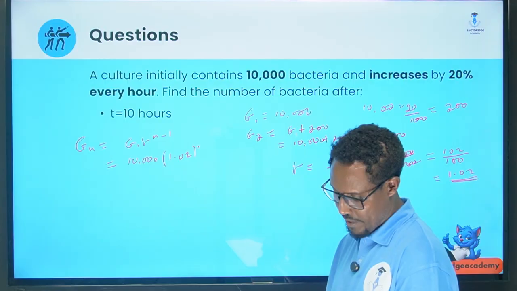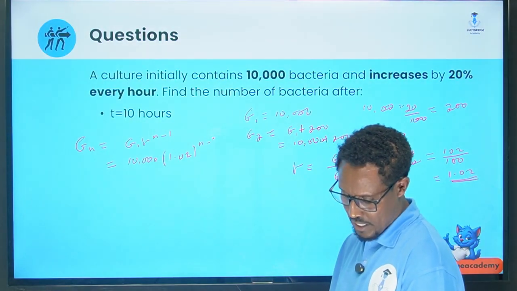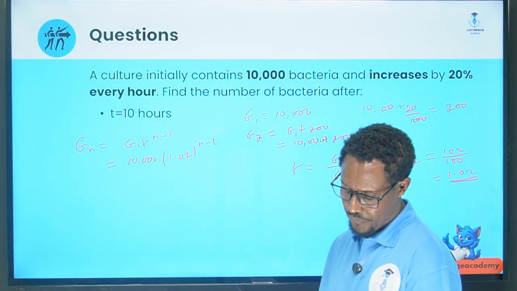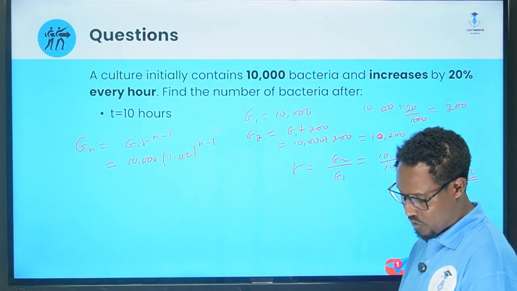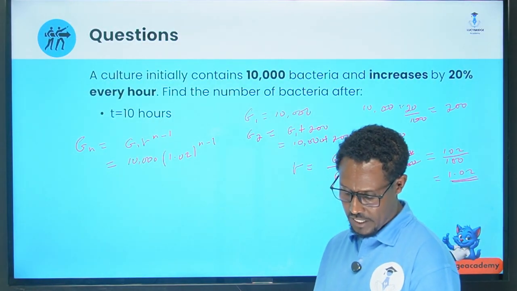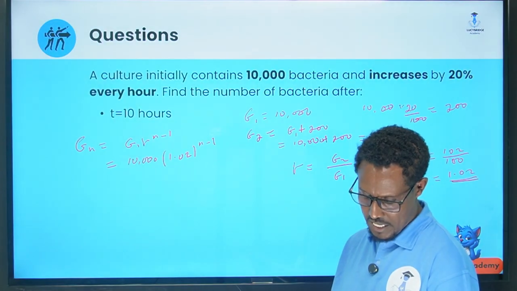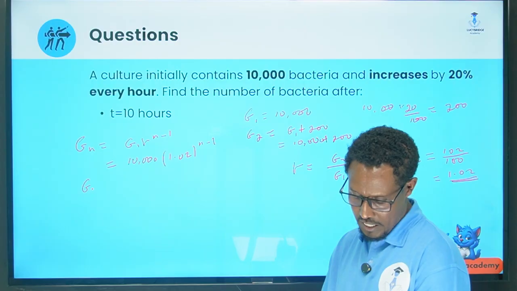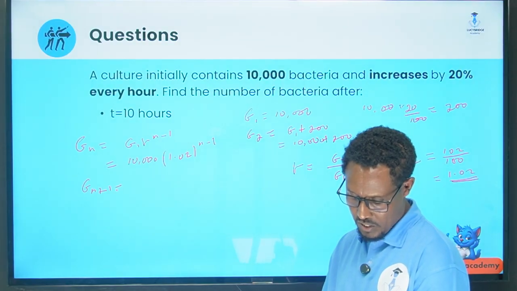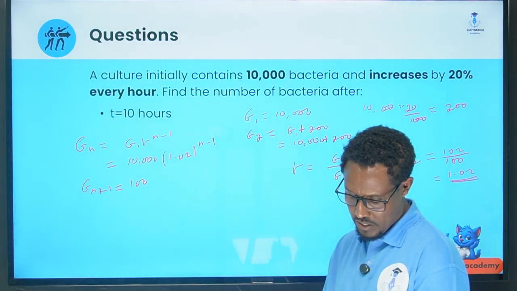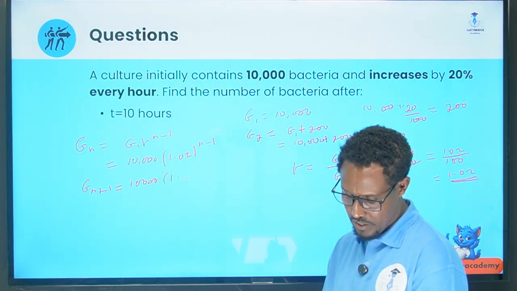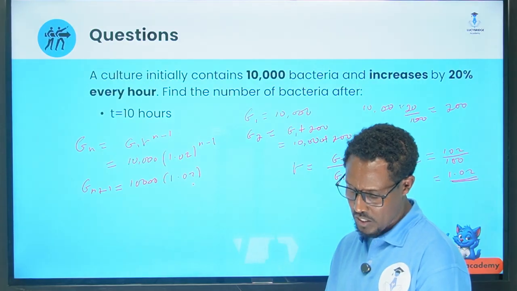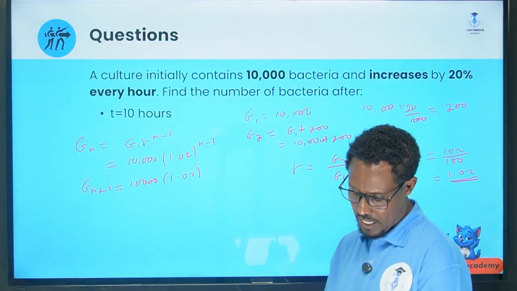The power of n minus 1. Now, after 10 hours, it means Gn plus 1 is equal to 10,000 times 1.02 to the power of n plus 1.